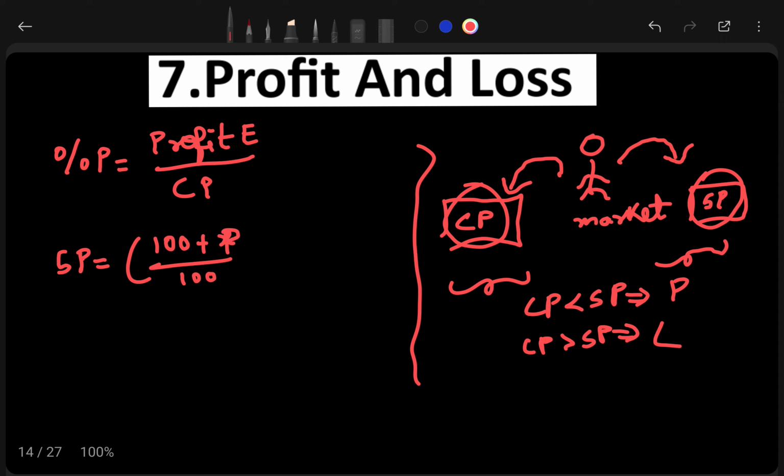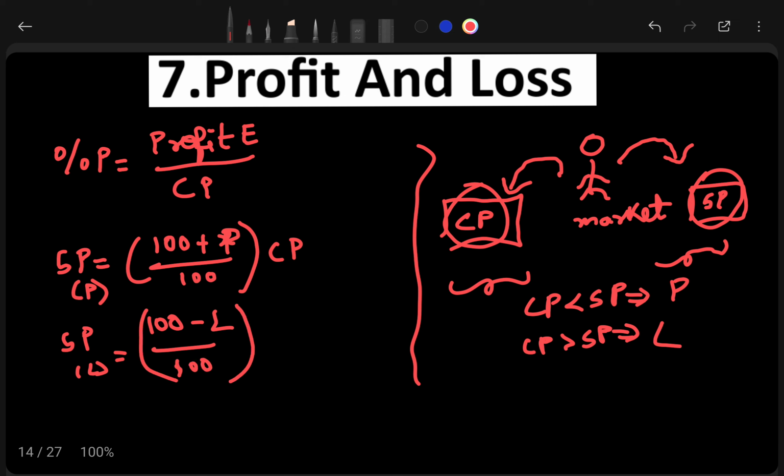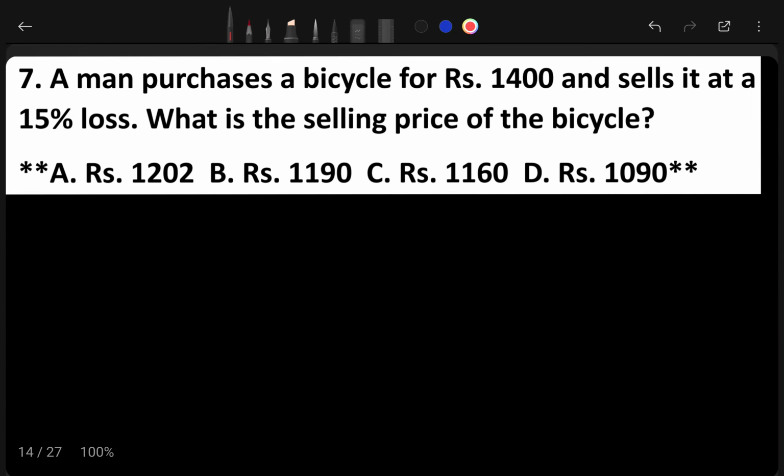Suppose profit is given: 100 plus profit by 100 into cost price, if profit occurs. When loss occurs, simply subtract the loss, as loss is negative, into cost price. These are the only two concepts and two formulas in profit and loss. Okay, now I think we can go for the question.